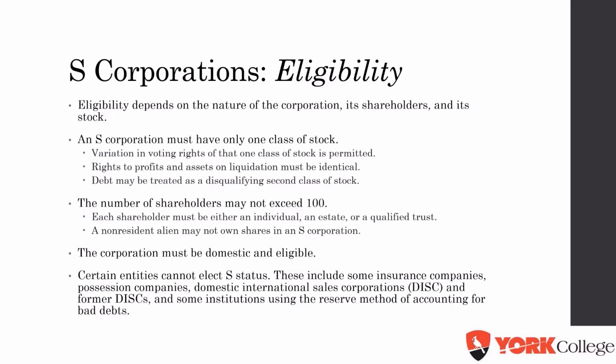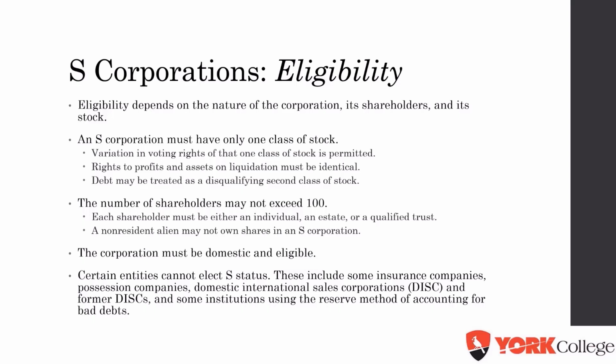There are also certain groups of business entities that, depending on the purpose for which they're formed, cannot elect S status. These would be insurance companies, possession companies, domestic international sales corporations, and former domestic international sales corporations.